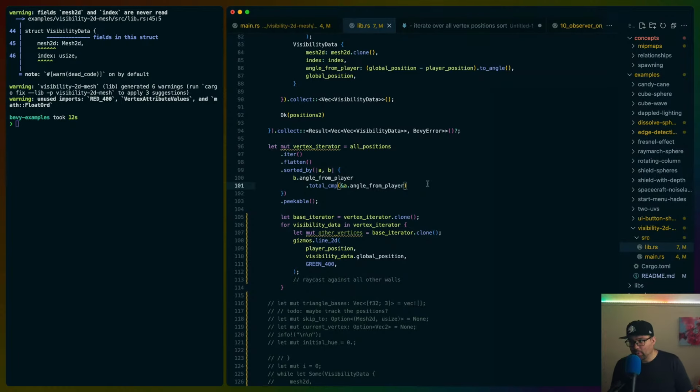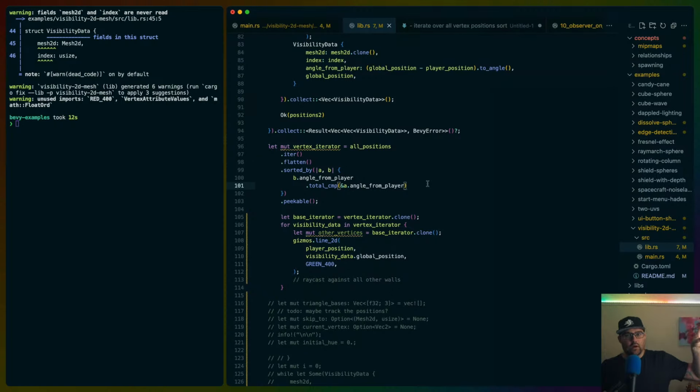The angle is important, I think, for the initial step. The algorithm here is going to be, we sort all of the vertices in the entire scene by angle, right? So we start west and we sort them clockwise until we get back to west. That kicks off our algorithm.